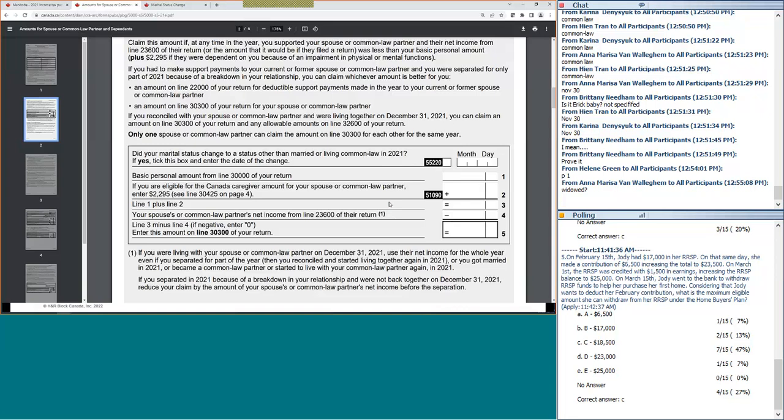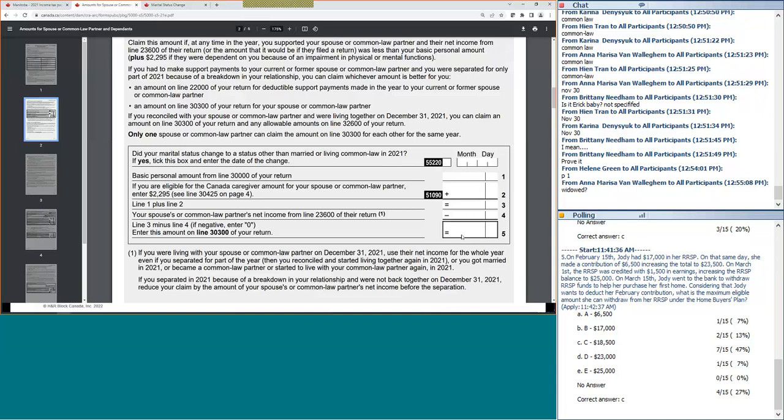So even if you were not supporting them for the whole year, it's still going to be based on their net income for the whole year. So the year that you get together, or if you're together for the whole year, we look at the whole year's income. Okay. Take line 3 minus line 4. If there's anything left over, you put that on line 30300 of the return.